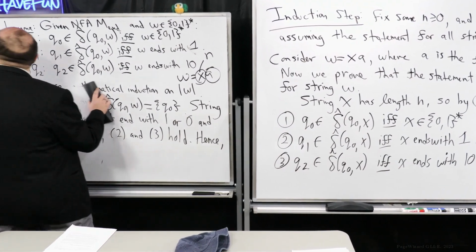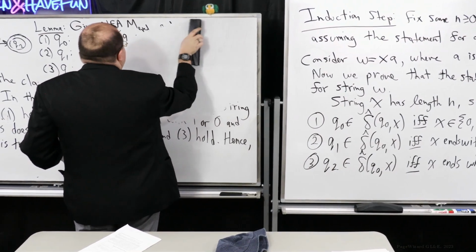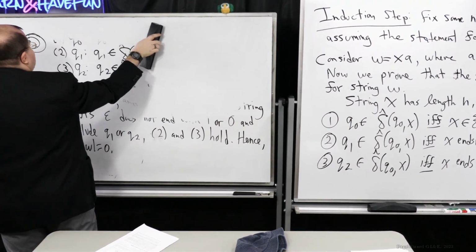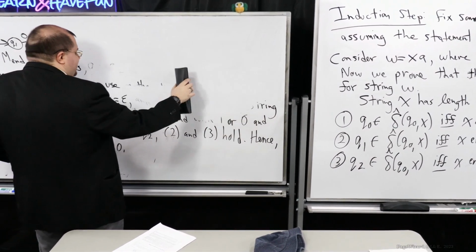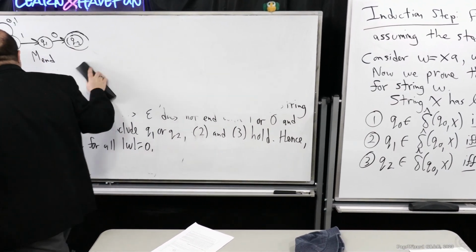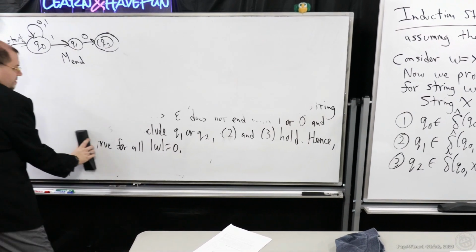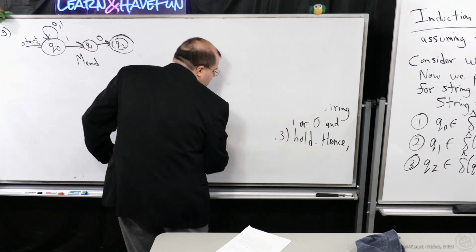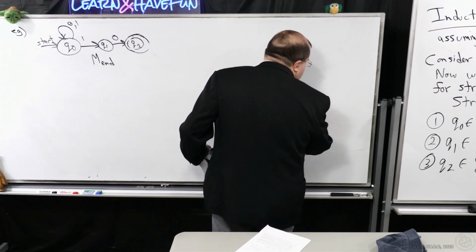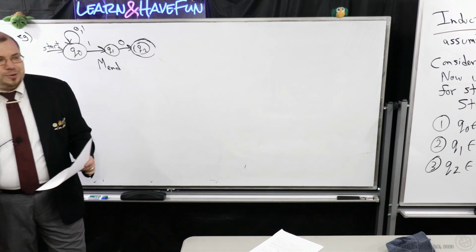We're going to keep this NFA up on the board because it'll be helpful when we're proving the claims. So just remember the lemma. The lemma is going to be that, except it's string W. Any W. Once we get the induction step in place, we can then use the principle of mathematical induction and complete the proof.